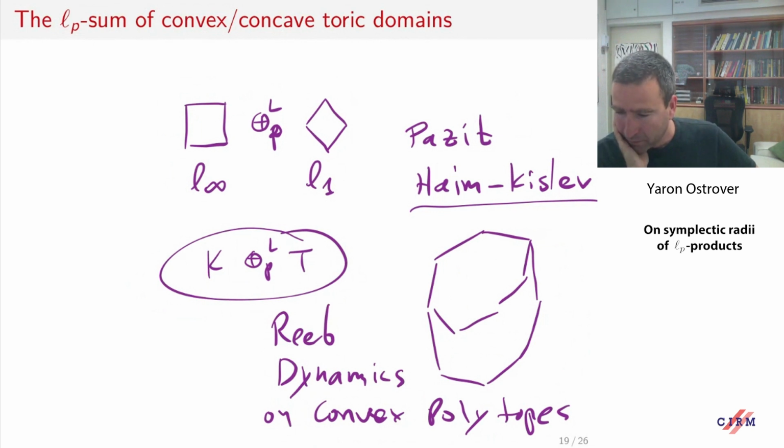That's a fantastic question. I'd be very happy to know, from this point of view. But I think you can approximate the corner by rounding it off, and in the approximation you can probably control the Conley-Zehnder index.